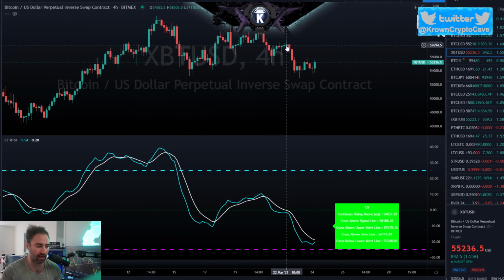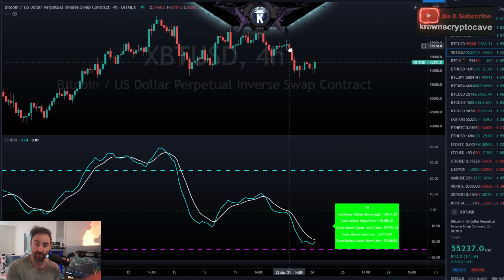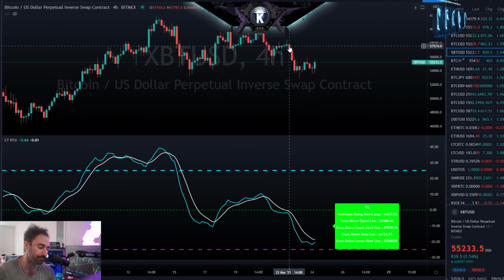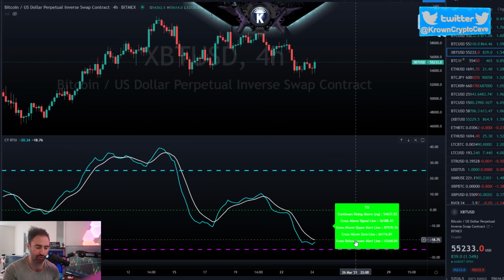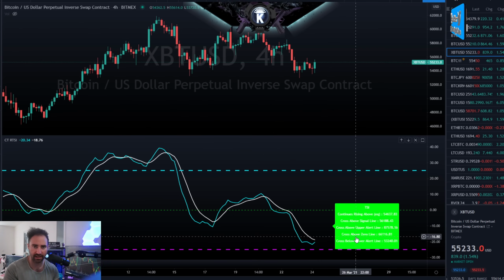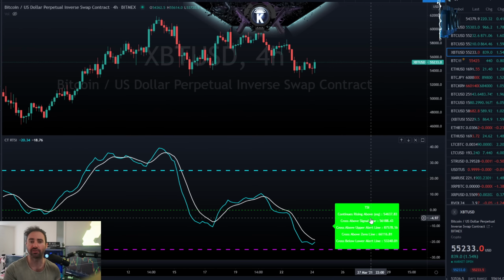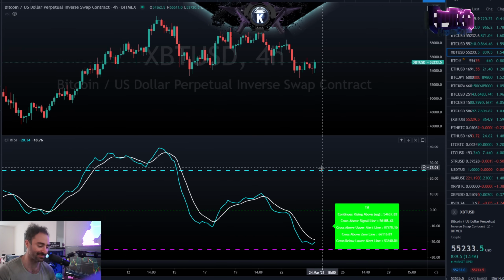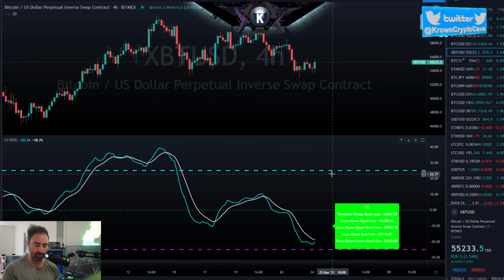So if you are entering on this right here, because these have officially crossed below the zero line and we have trend also on the same side for that time frame, then as soon as we enter on that closure, what you want to do is immediately have your risk management set to one of three things that I typically refer to. Two of them are included within this indicator. The other one is something that I would suggest that you have. Of course, there are going to be people out there who don't have it, but we'll just leave it at that for now. Anyways, risk management parameters are going to be pretty damn simple here.